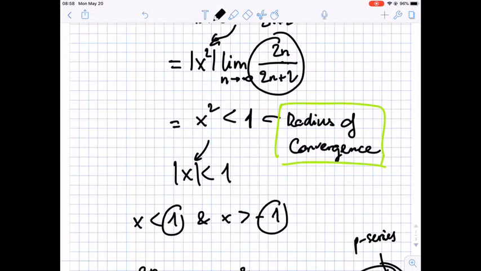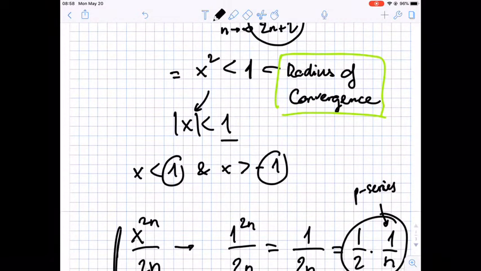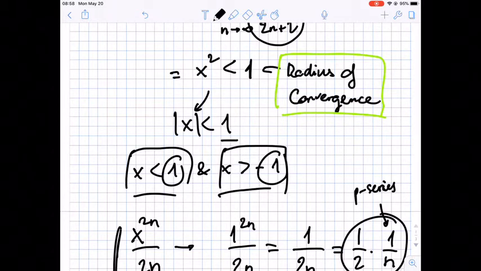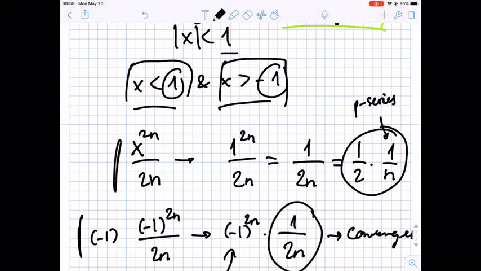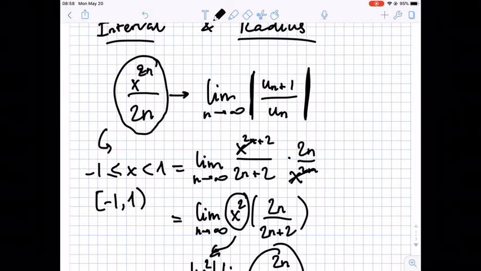When you get to the radius of convergence, remember to test the endpoints, because the endpoints are usually not included in your original calculation. So just do two more extra steps of testing the convergence at these two endpoints, and then you will have your final answer.